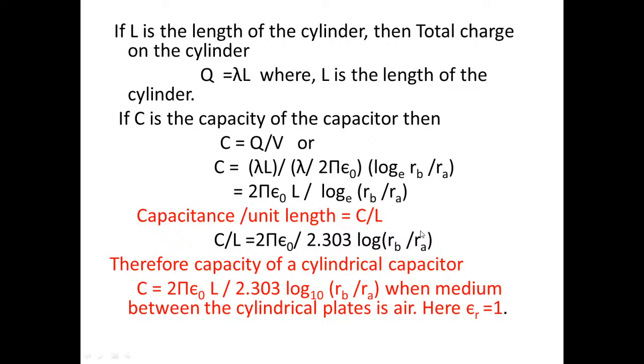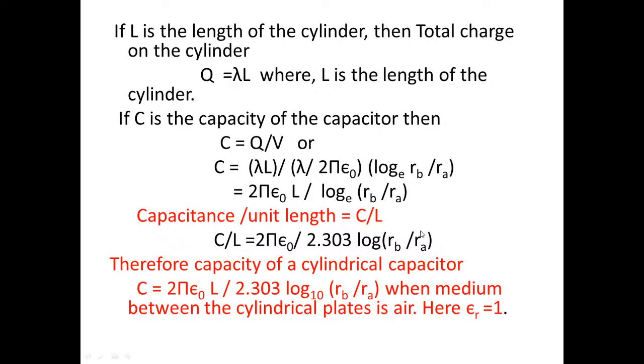When you don't write anything here, it means it is log base 10. So C by L, capacitance per unit length, is equal to 2 pi epsilon naught over 2.303 log RB upon RA.